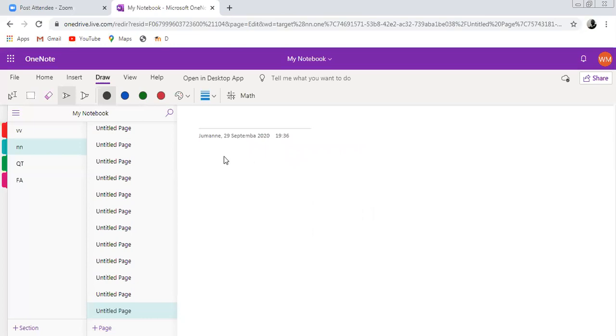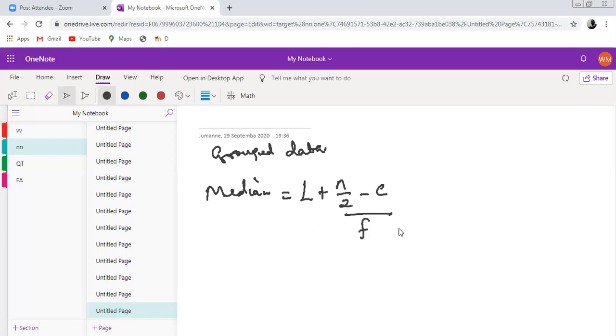For grouped data, the median is calculated using this formula. It is given by L plus (N over 2 minus C over F), and then we multiply by I here. This is the formula that we normally use to calculate the median for grouped data.